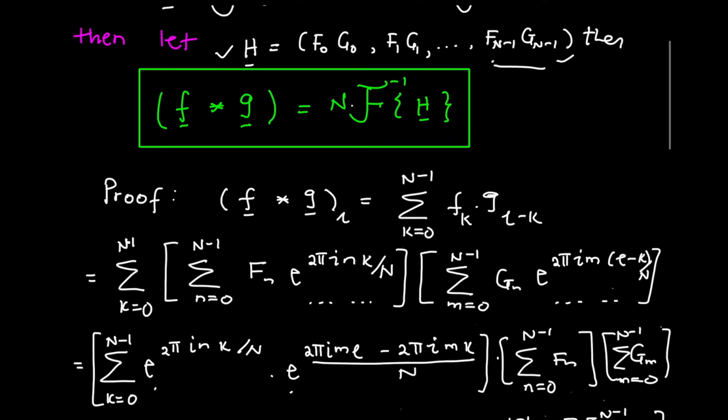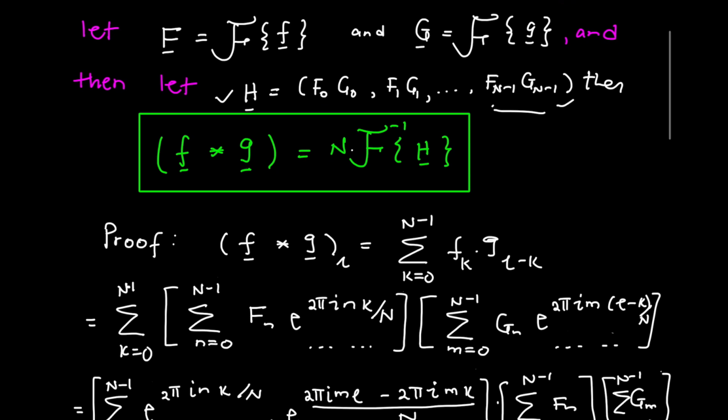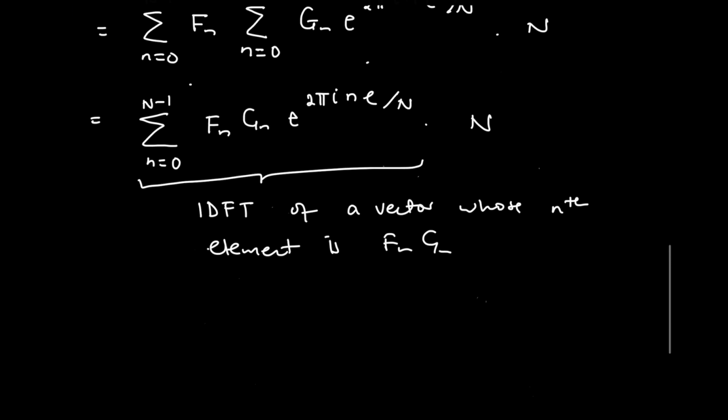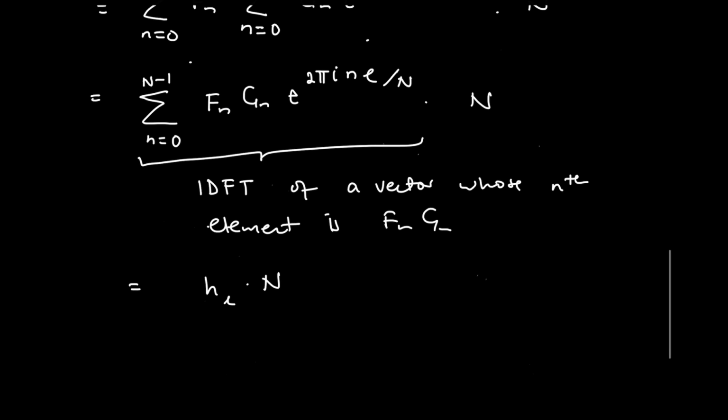As you might recall from above, that vector h was the element-wise product of F and G from 0 to n minus 1. So basically we have arrived. This here is our h, for the lth component, multiplied by n. Voila, we have arrived at what we're requiring.